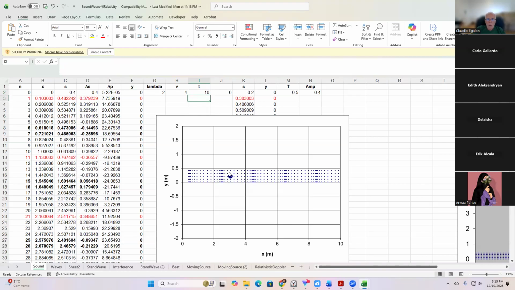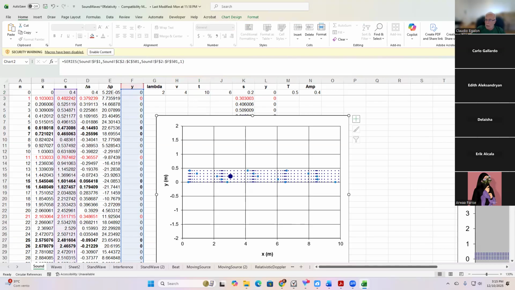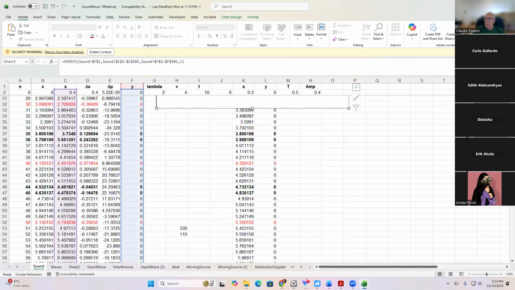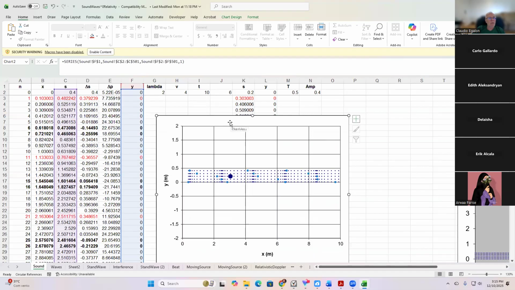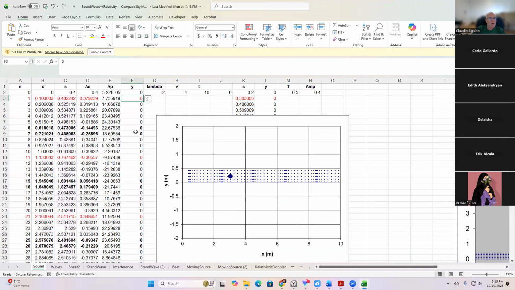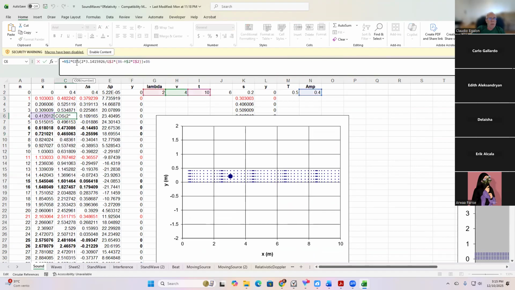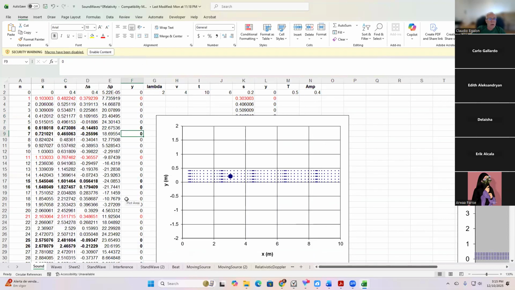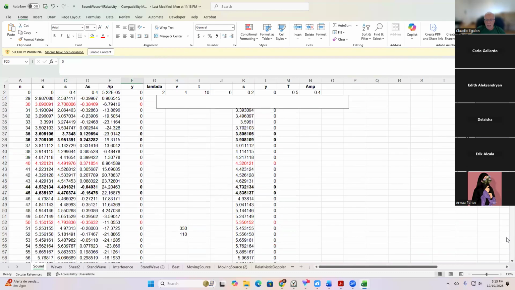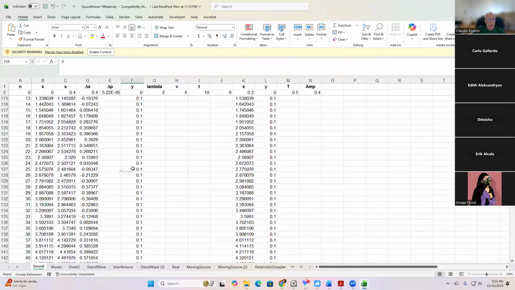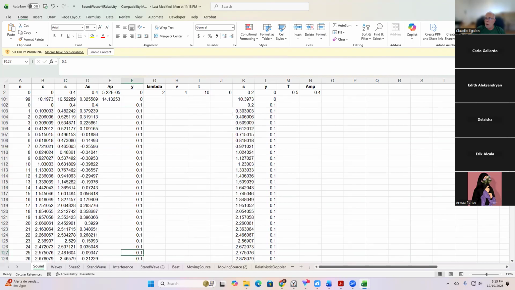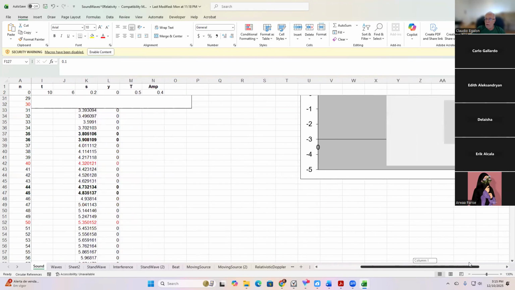No, it's not. Someone's trying to get in. When I prepared the simulation, it took me like 4 hours. Let's see what's going on here. There might be something odd with my sound wave. I think I know what happened.